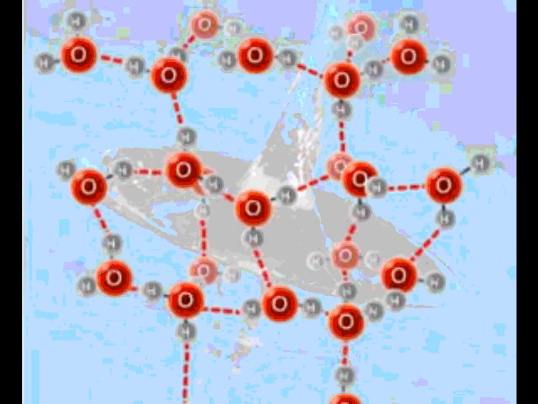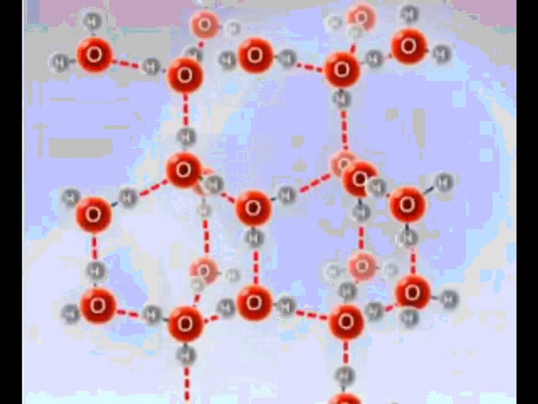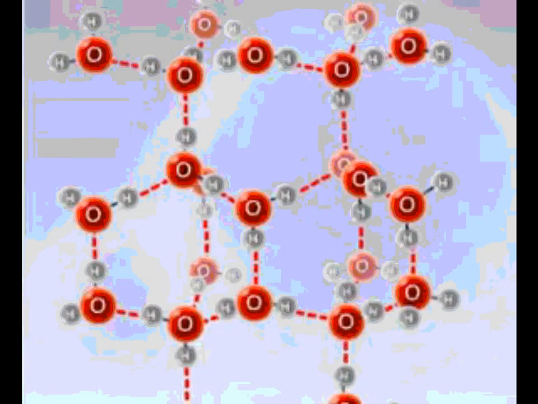As a result, intermolecular interactions in liquid water are exceptionally strong, which is reflected by the high boiling point of water, 100 degrees Celsius. In solid ice, water molecules are held together by a regular array of hydrogen bonds.